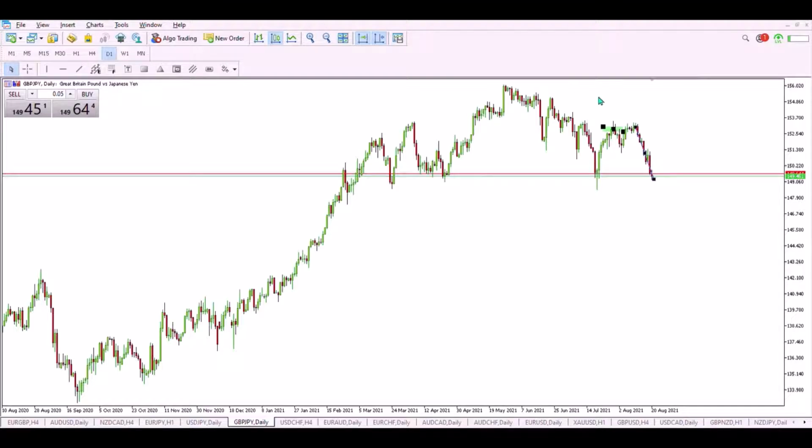Now what you can observe here, guys, is the head and shoulders pattern. You have the uptrend, a breakout, a retest, and a right shoulder. So you have the left shoulder, the head, and the right shoulder.